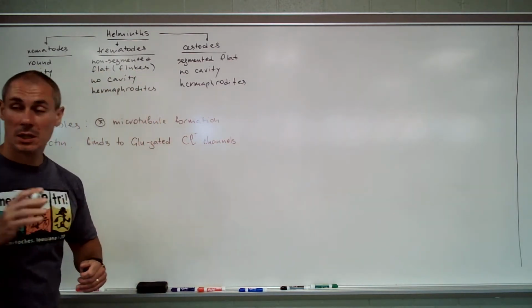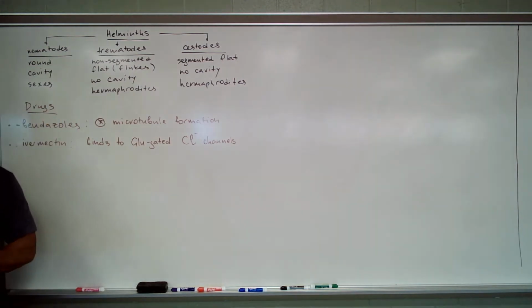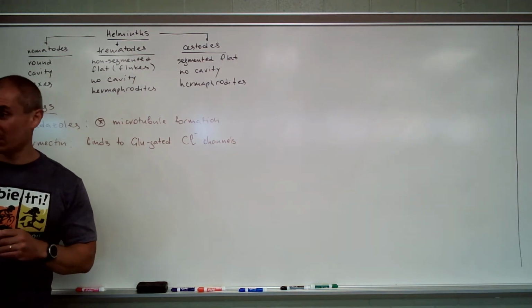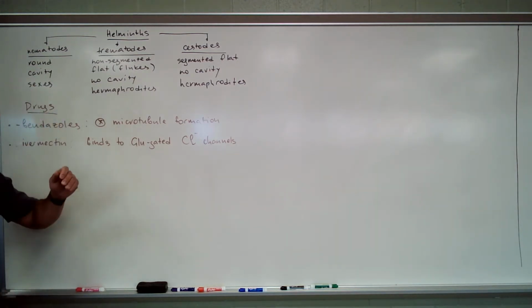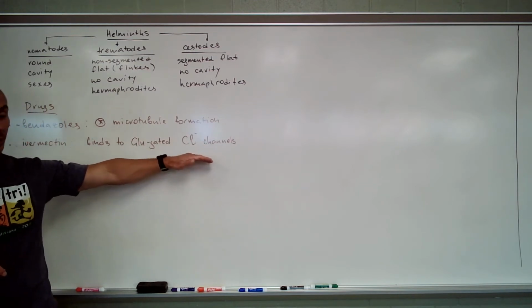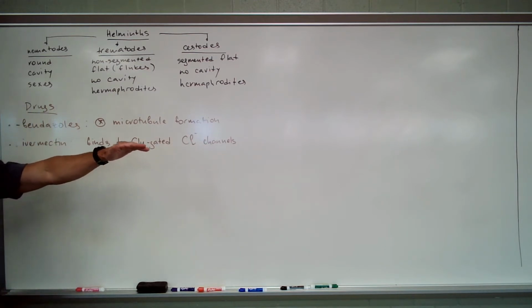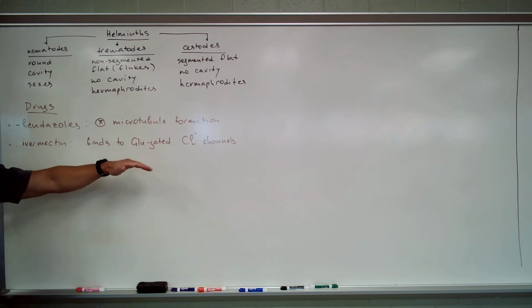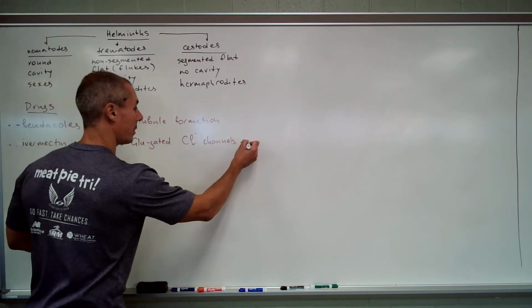Okay? In that statement, does that make sense? So cells in the worm have channels for chloride ions that can be opened and closed by glutamate. Turns out ivermectin can do that too.